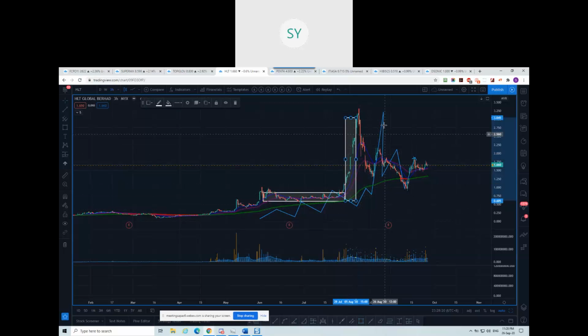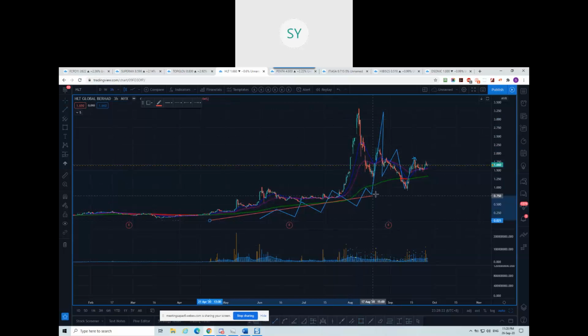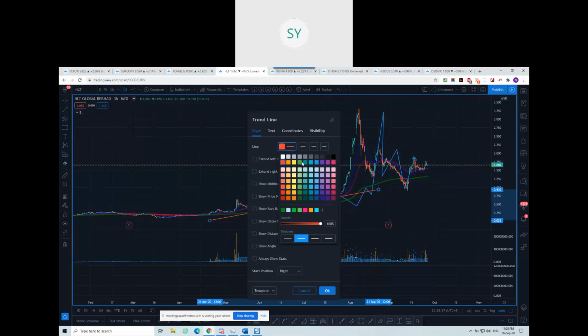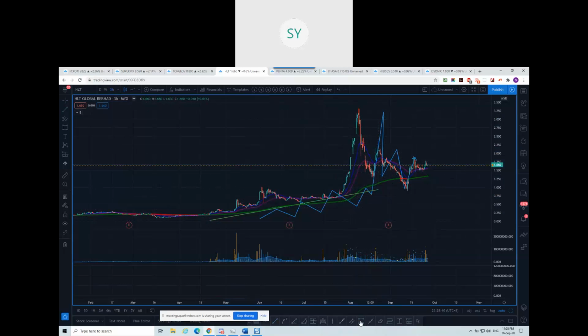So you can see it making a high. Once the price drops, from this price we can draw a trend line. This uptrend line in green, and this very steep one.